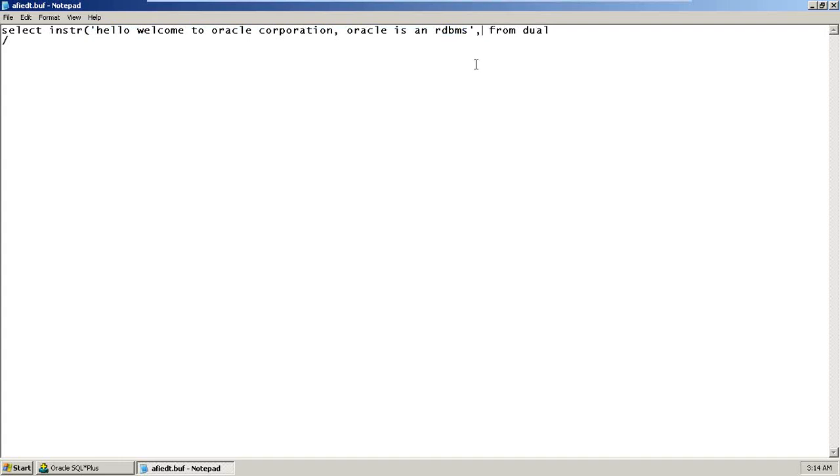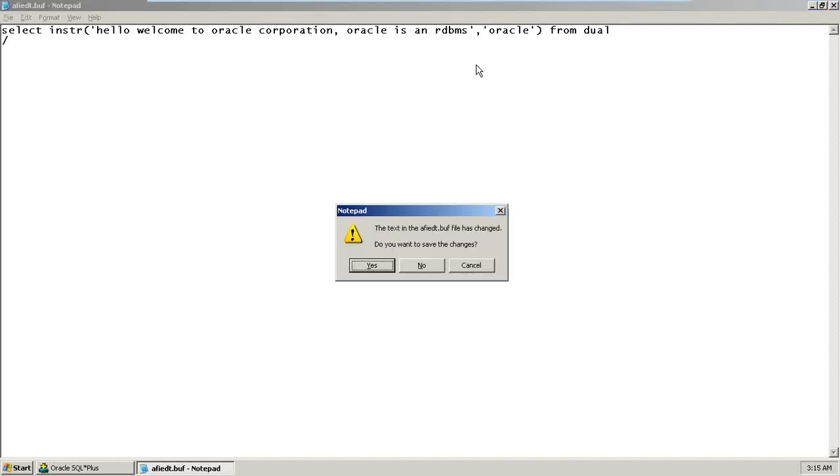Then my search string is, this is actually the source string. So within the string, I want to search for the search string. The search string is Oracle. I'm not specifying any starting position, that's why it always starts from the beginning of the string.